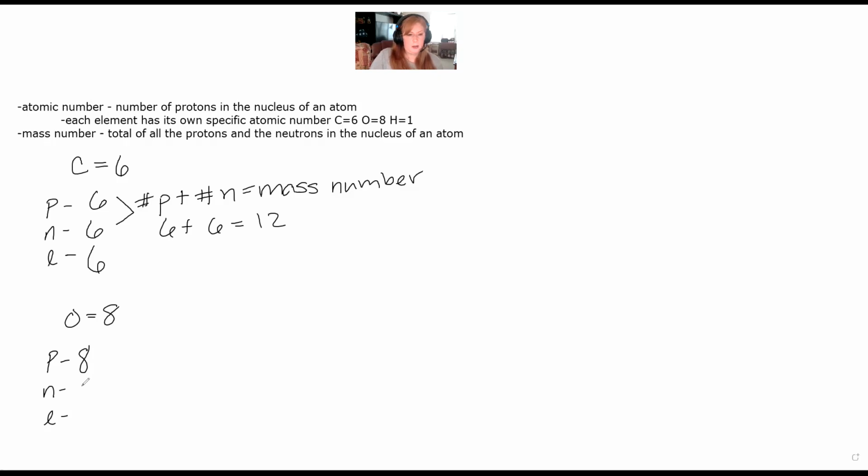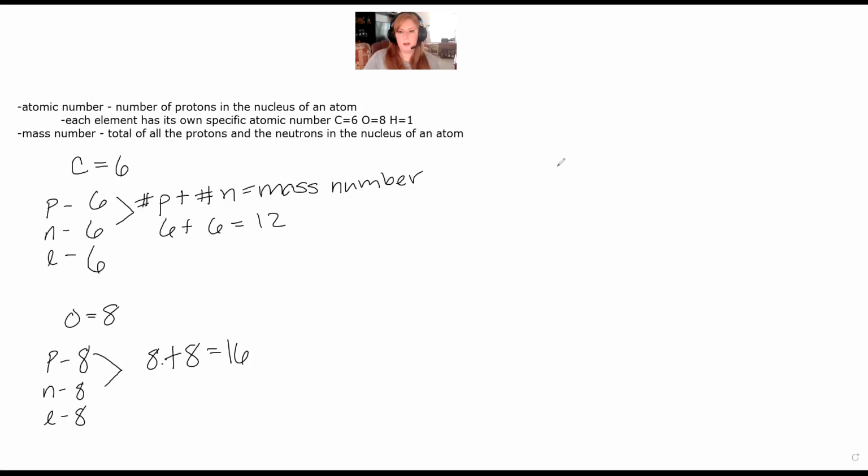Okay, standard atom, I'm going to have the same number of neutrons as I have electrons. I have 8 across the board. Now, I need the mass number. How do I figure out the mass number for oxygen? Take the 8 protons plus the 8 neutrons, 16. Oxygen has a mass number of 16. Okay.